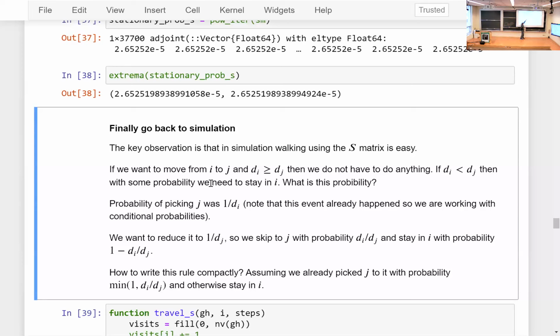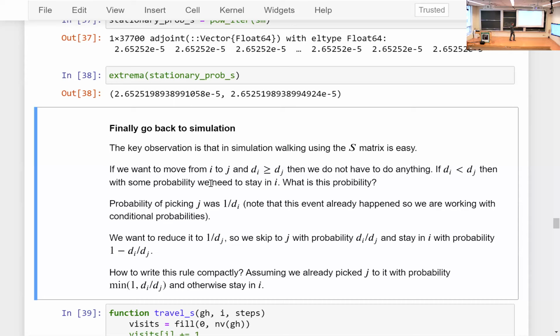I already sampled from where to where I want to move. I want to move from node i to node j. If the degree of i is greater than the degree of j, I don't need to do anything, because we know that we haven't changed this weight at all.